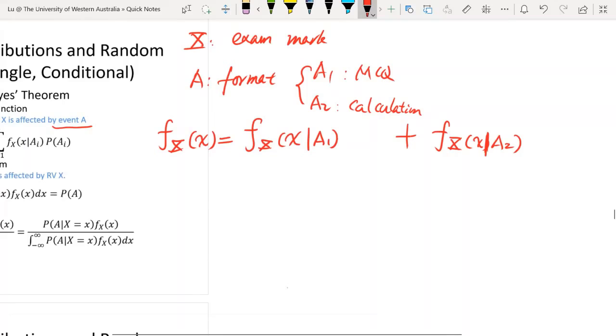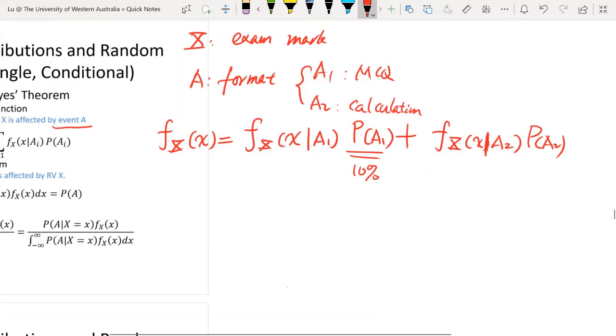But in this case, you also have to consider the probabilities of these two events, A1 and A2, separately, meaning the likelihood that each event happens. For example, A1 is 10%, so there is only a 10% chance I give all multiple choice questions in the exam.